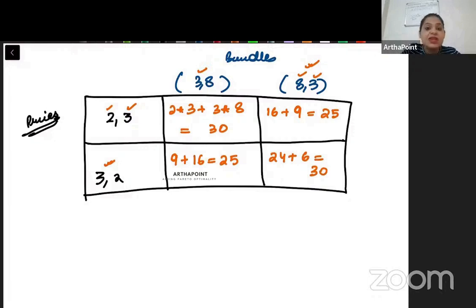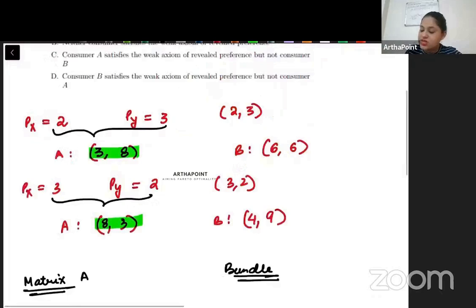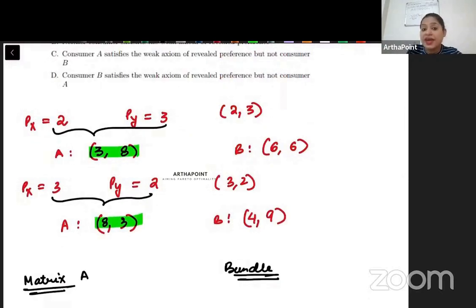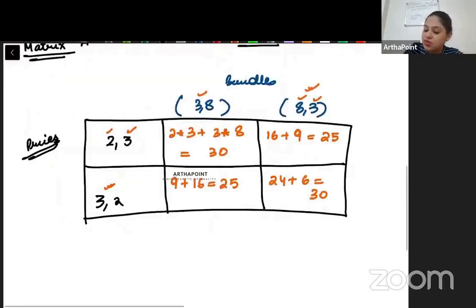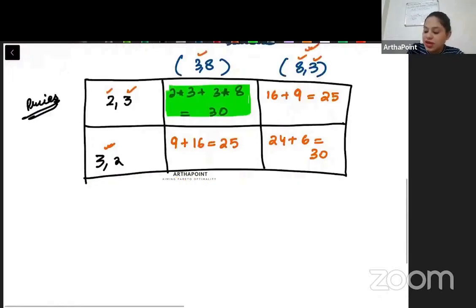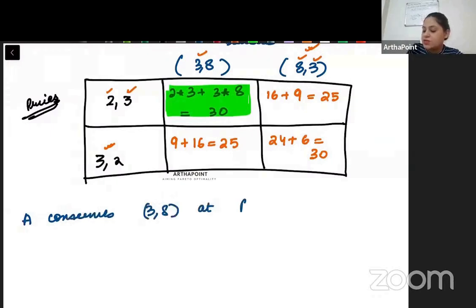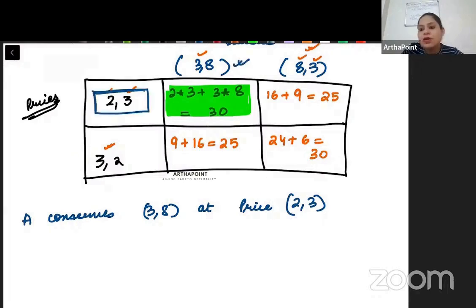Now it tells me that individual A is consuming bundle 3, 8 at price 2, 3. So let's write this down. A consumes 3, 8 at price 2, 3. When he consumes 3, 8 at this price, is the other bundle affordable? It is.